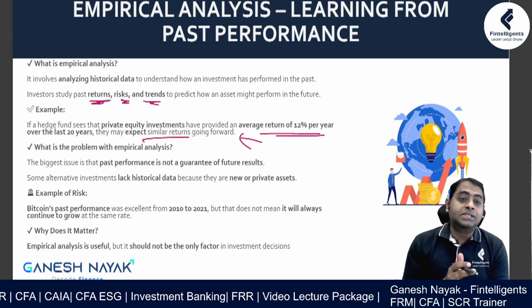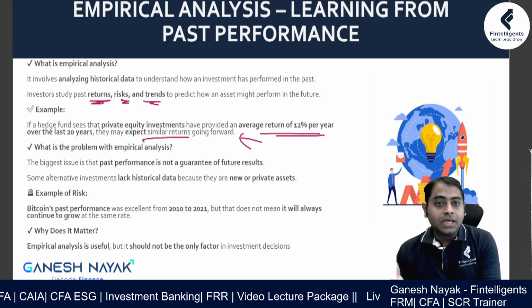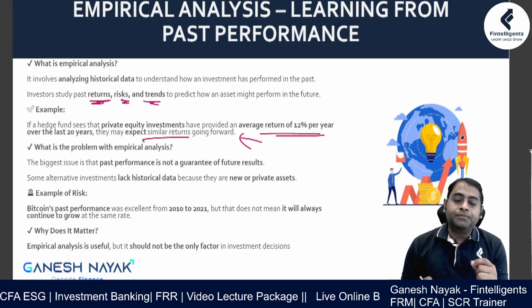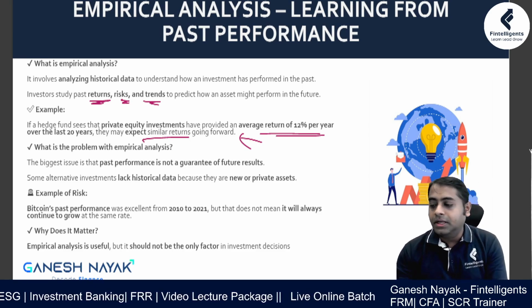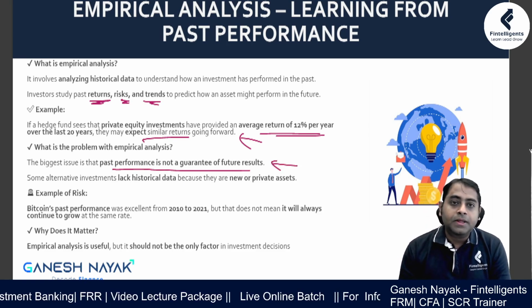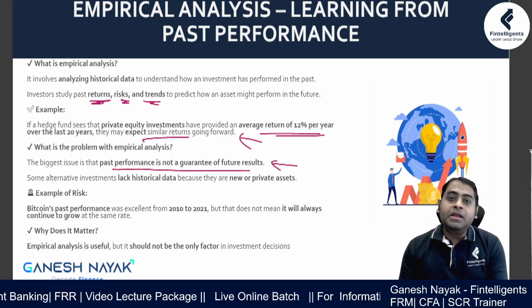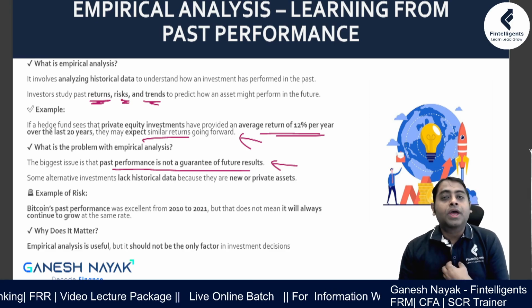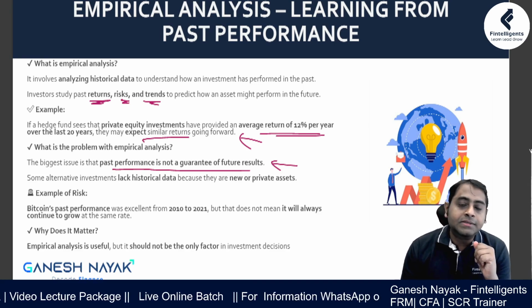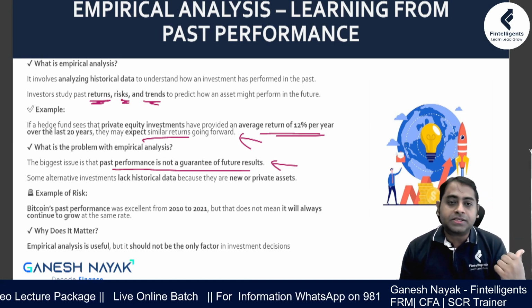So if you're going to do empirical analysis, you're making a very basic assumption that history is going to repeat. That is one problem with empirical analysis. Second, if I'm entering into a new asset and there is no historical data, then what am I supposed to do? I cannot use empirical analysis, because empirical analysis is only about looking at the past, right?